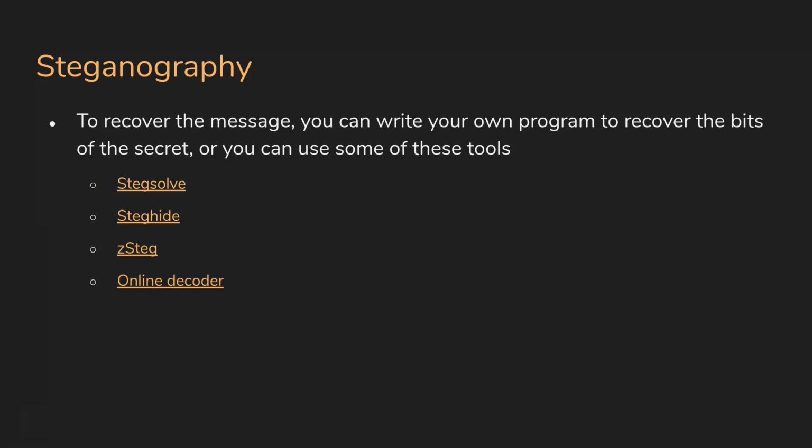ZSteg, I think, tries to brute force looking for steganographically encoded data. And then the online decoder, this is just one that I linked. There are dozens, but those just rely on quote unquote normal least significant bits.